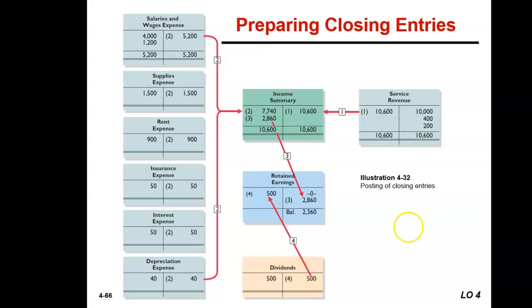So again, here you can see that now all of the expense accounts are at 0, the revenue accounts at 0, income summary is a 0 balance, dividend 0 balance, retained earnings again is a permanent account. So now it reflects the ending balance for retained earnings after we have closed out all of the temporary accounts.